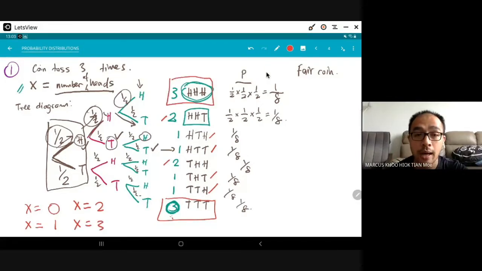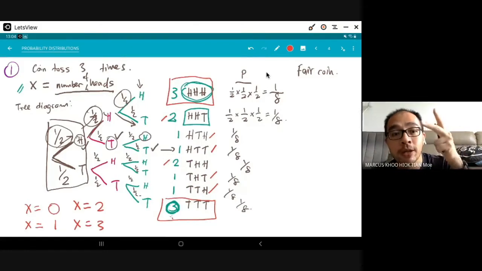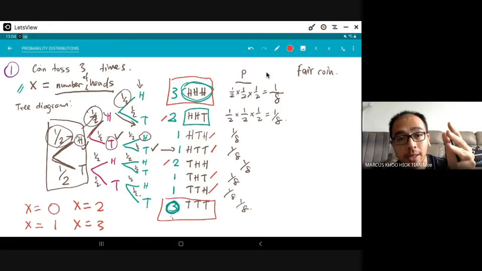So there are 4 different situations altogether. The number of heads that you can get is a discrete random variable. And there are 4 possible outcomes: you get 0 heads, 1 head, 2 heads, or 3 heads. Now let's take a look at this.